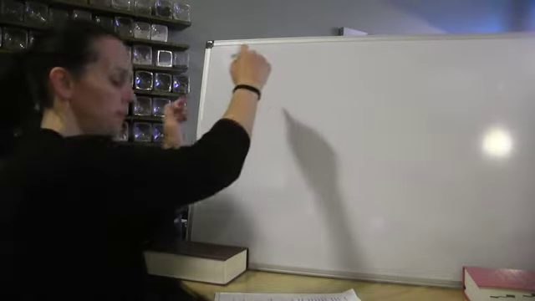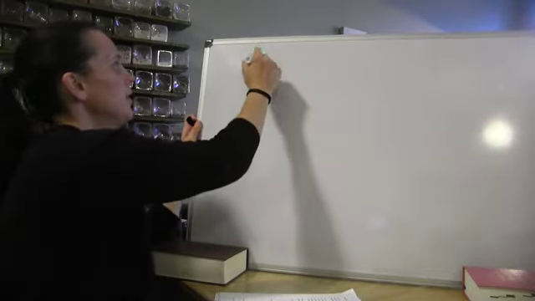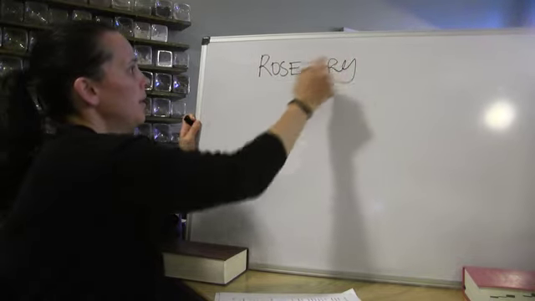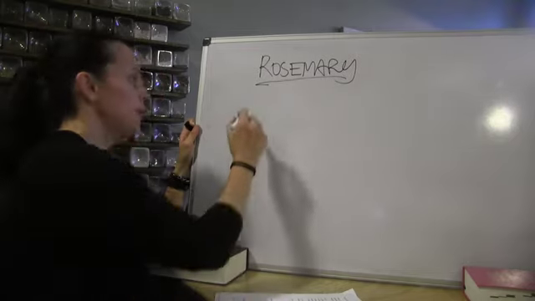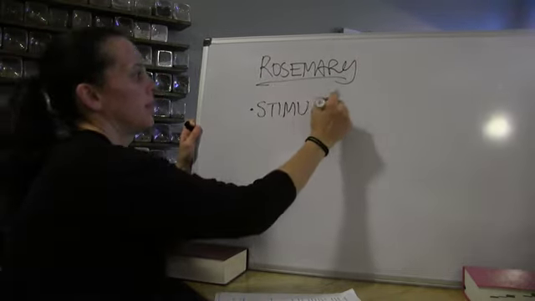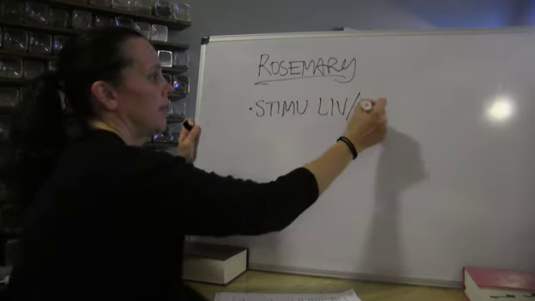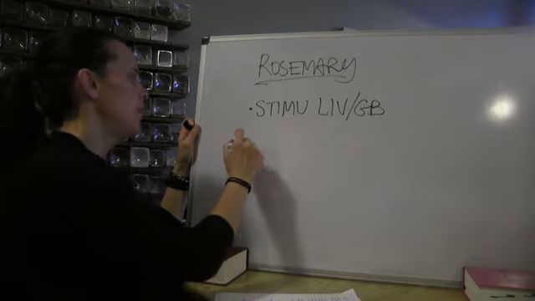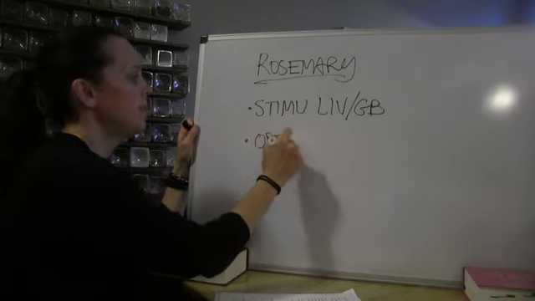And then last one we're going to cover in regulate qi, and again we've already covered this oil as well, is rosemary. So rosemary stimulates the liver and gallbladder. That's its main digestive contribution, but it also opens the diaphragm.